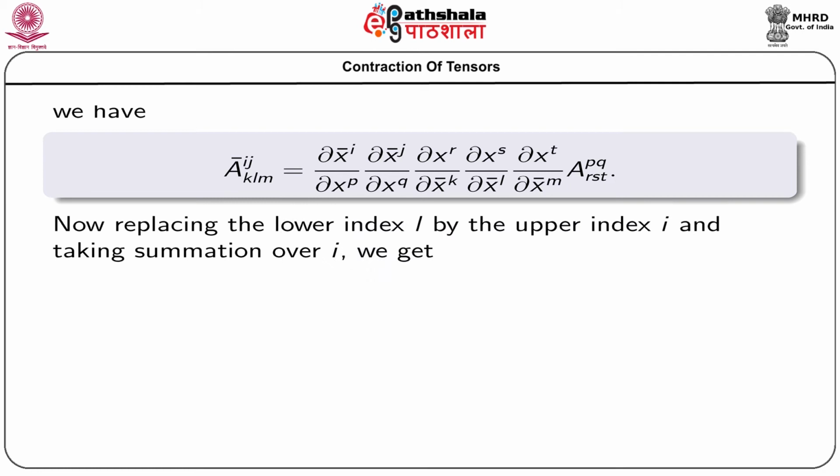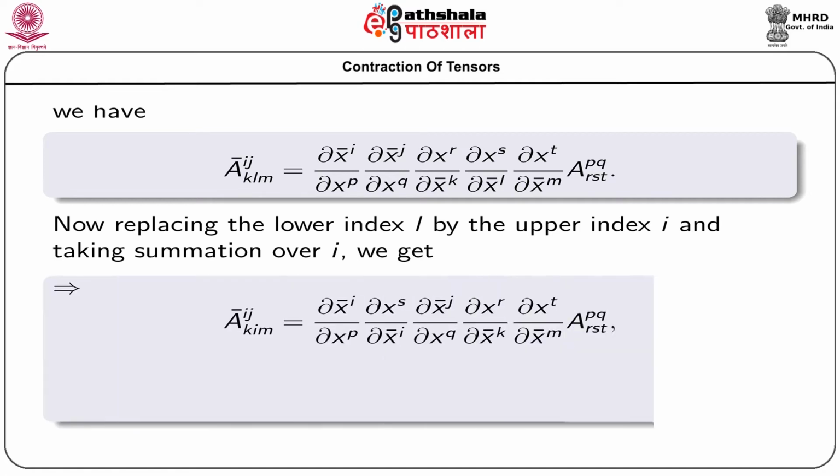Replacing the lower index l by the upper index i, we are contracting i and l and taking summation over i. We get A bar ij k i m, because we have written i equals l.